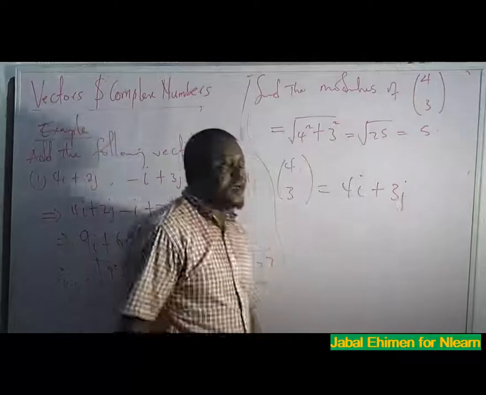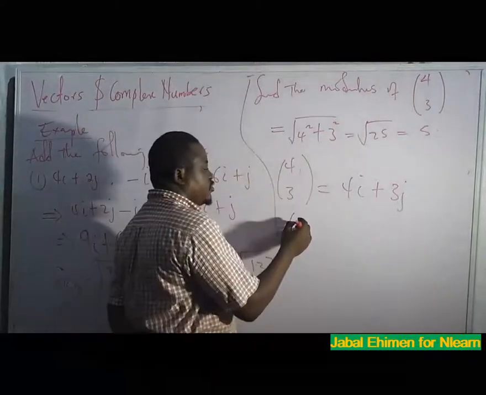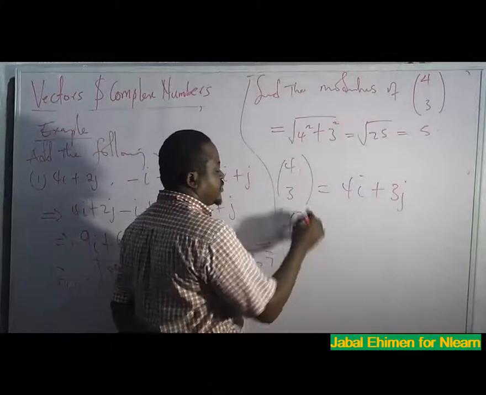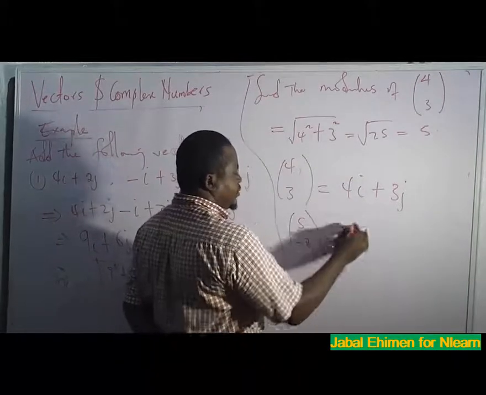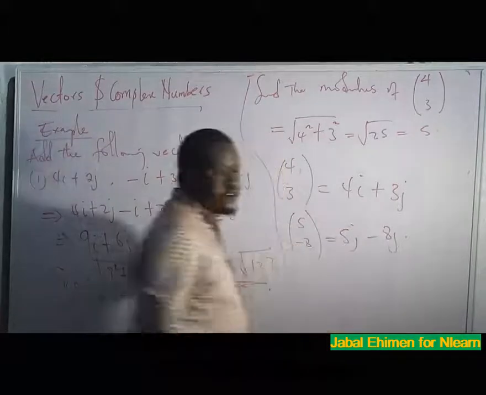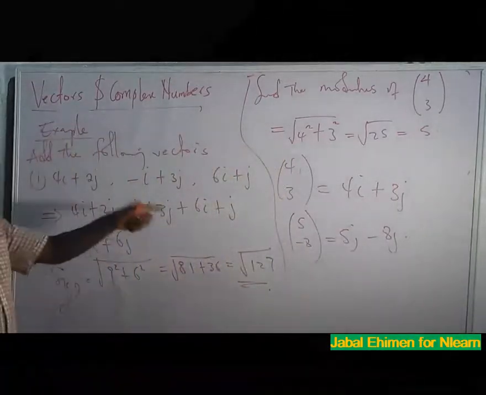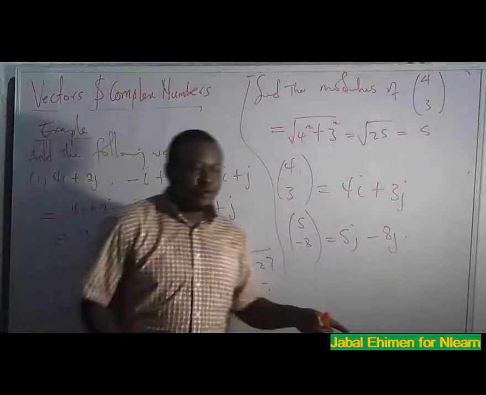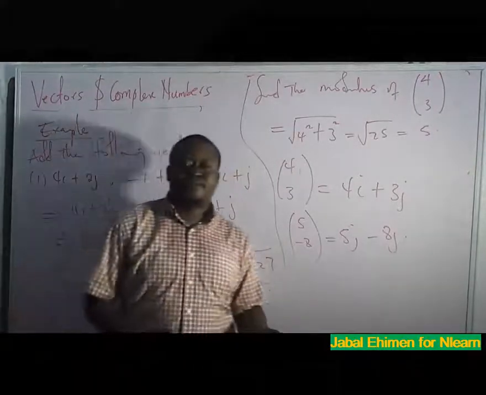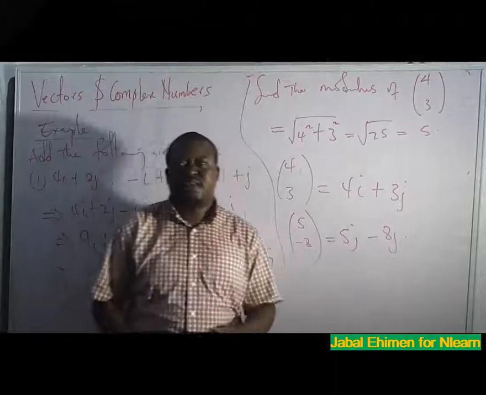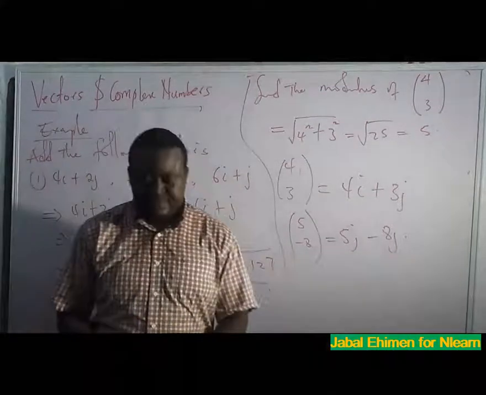But in a situation where you are told (5, -8), it stands for 5i minus 8j. Please take note of that. So this is how it works. From there, we'll move to the next stage now and consider more theorems and questions in vector analysis.